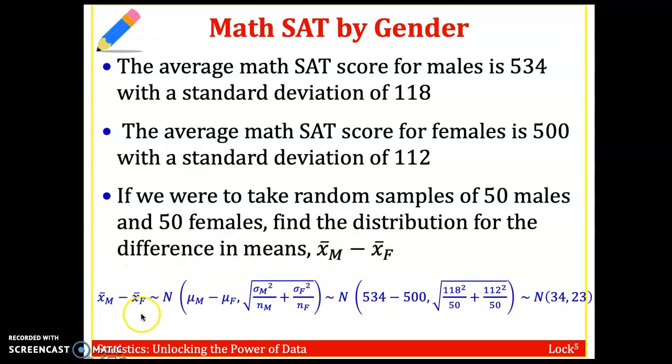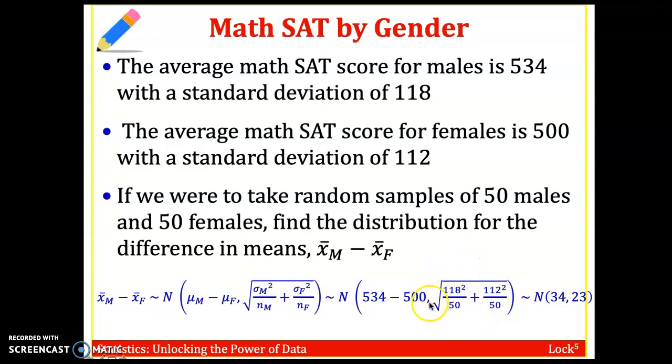Well, here we would use that same formula. We're going to use the normal distribution. The center is going to be the difference of the two population means, so that's going to be 534 minus 500, which is 34. And the standard deviation of the normal distribution is given by the standard error formula, where we take the square root of the standard deviation squared over the sample size plus the standard deviation squared over the sample size.